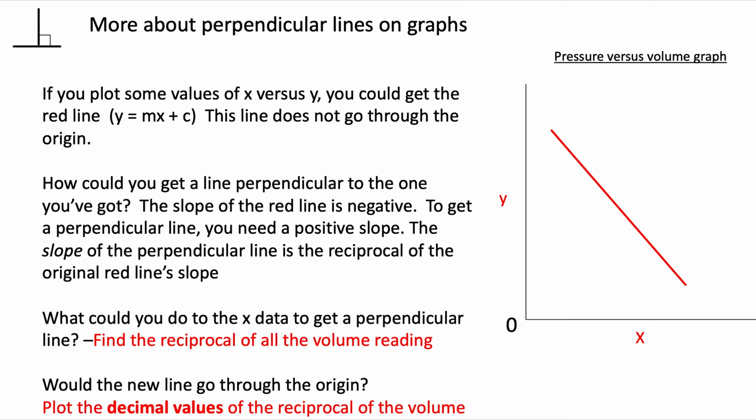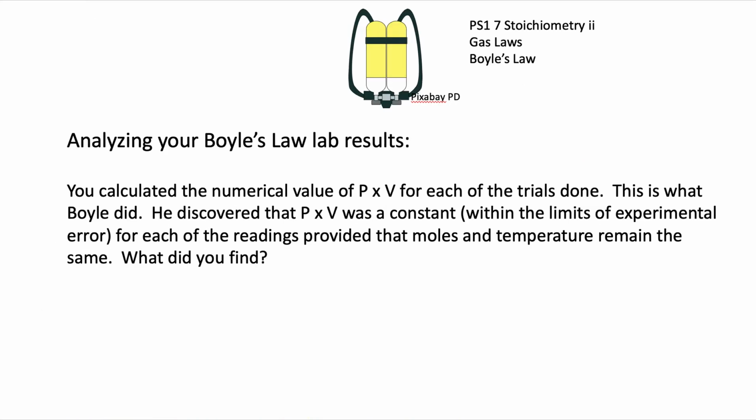Here we have a downhill slope with a negative gradient, and we need a reciprocal of that slope to get a perpendicular line. So what you're going to do is add a fifth column to your table, and you're going to put in the value of 1 over V.